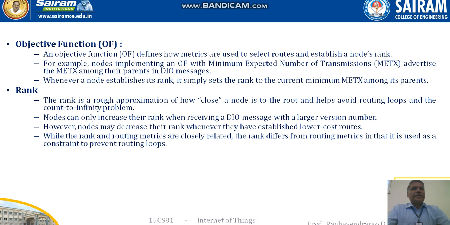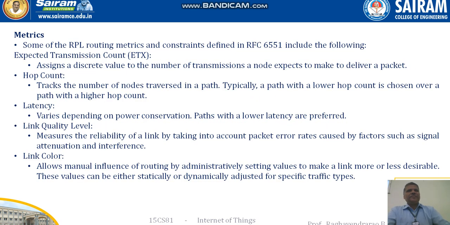While the rank and routing metrics are closely related, the rank differs from routing metrics in that it is used as a constraint to prevent routing loops. Otherwise, if there is a loop, it keeps counting the number of loops and doesn't go out of that particular loop. So there will be a failure in that.